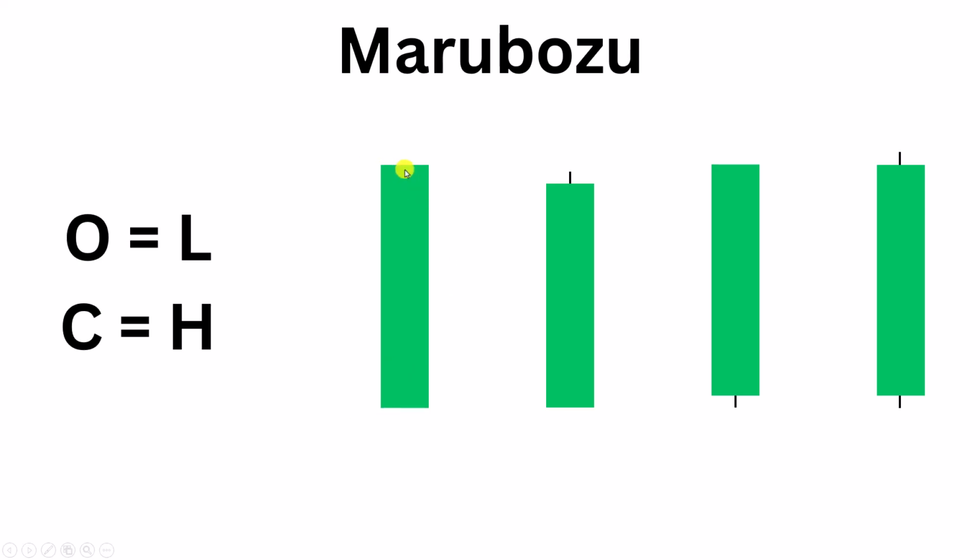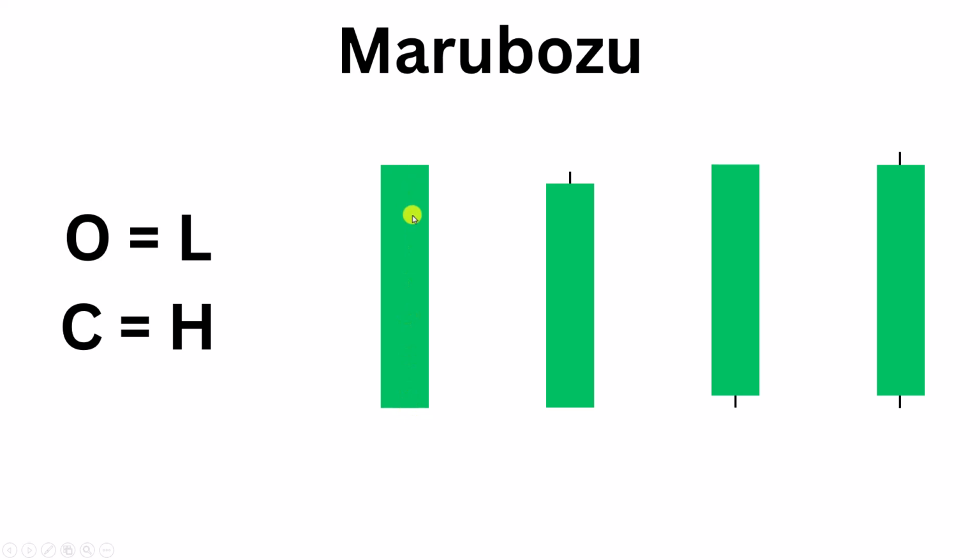But if you take any time frame, 1 minute, 3 minute, 5, 10, 15, 30, 1 hour, 1 day, 1 week, 1 month, and if you look at the candle and it is a Marubozu, then it says the same story, that the buyers were the strongest in that particular time frame.